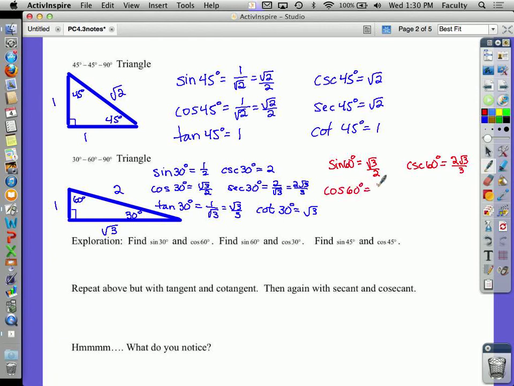Cosine 60 is 1/2. So secant 60 is 2. Tangent of 60 is TOA, so it's opposite, which is radical 3 over 1, or just radical 3. Cotangent 60 is 1 over radical 3, or radical 3 over 3.